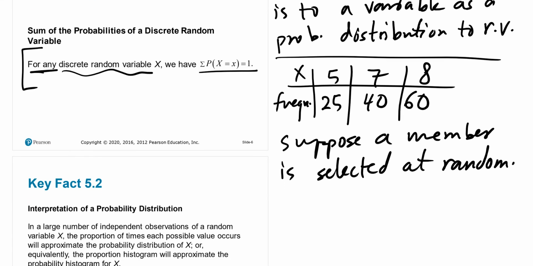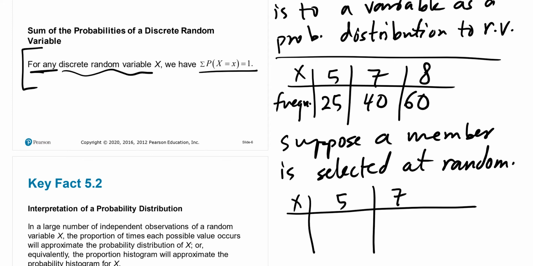We can construct the table here for the probability distribution. So x was 5, 7, and 8. So the probability for the random variable x equals x is what? If you add them, 60 plus 40 is 100, plus 25 is 125. That's the total.